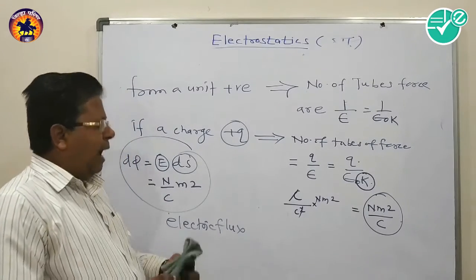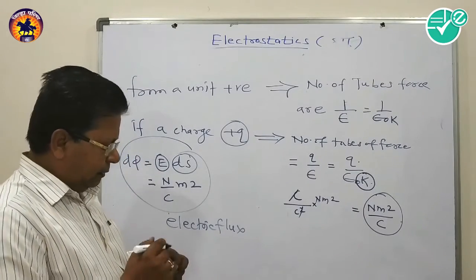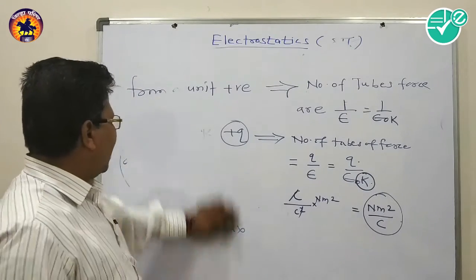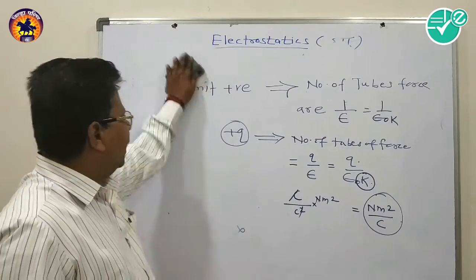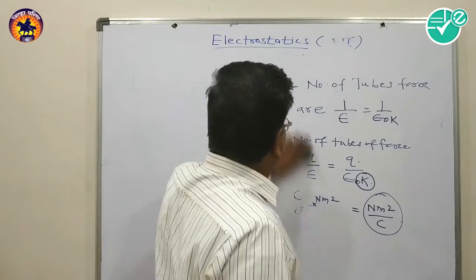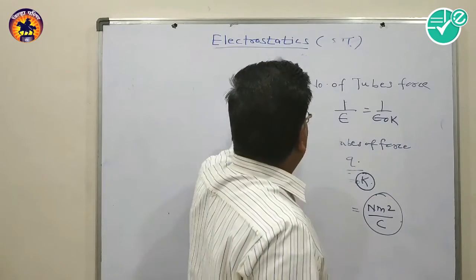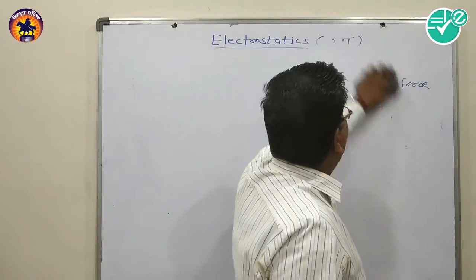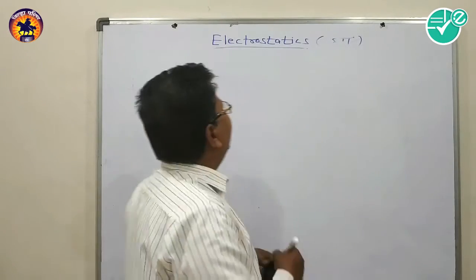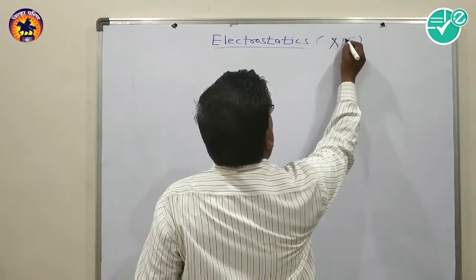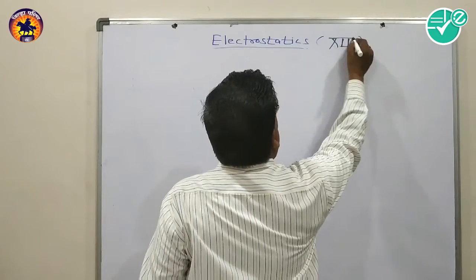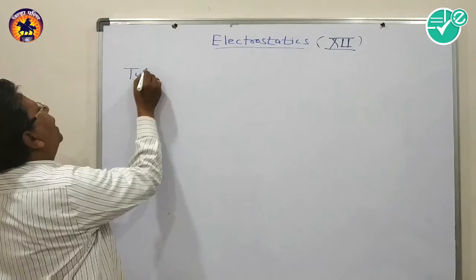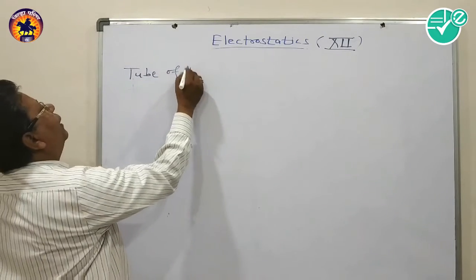And as the number of tubes of force originating from the given charge changes if the medium in which the charge is situated is changed, Michael Faraday introduced another concept, called tube of induction.